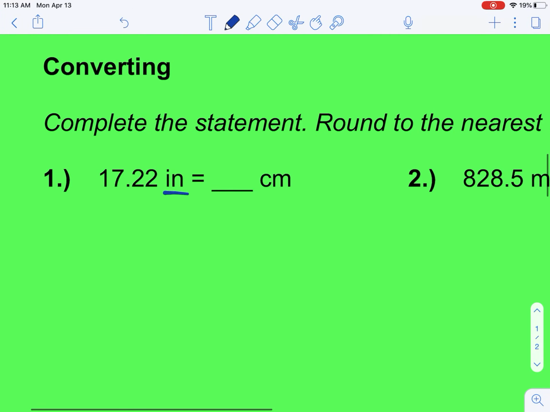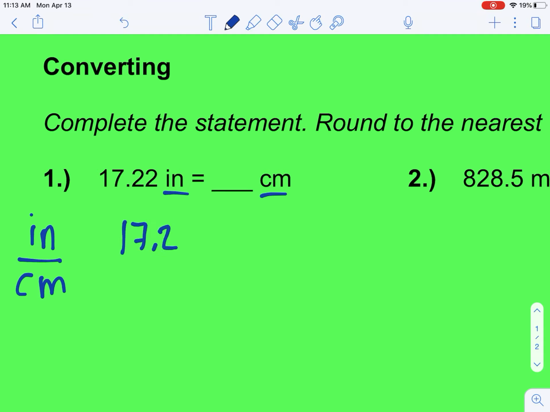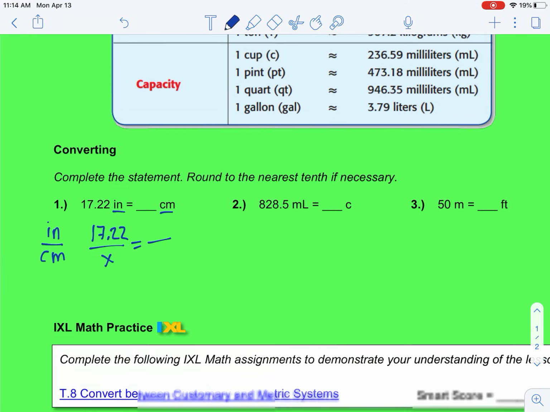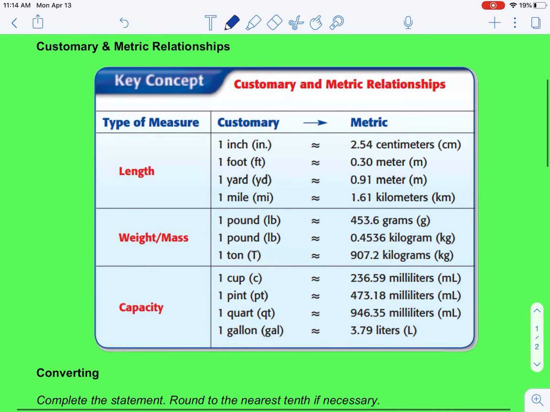Number 1, I have inches and centimeters. So I'm going to compare inches, which I'm going to put on the top, and centimeters, which I'm going to put on the bottom. I'm starting with 17.22 inches, and I don't know how many centimeters that is. So I need to go to the top, and I'm looking for inches and centimeters, and those are the numbers I'm going to use.